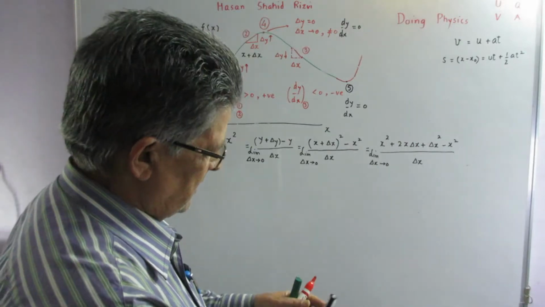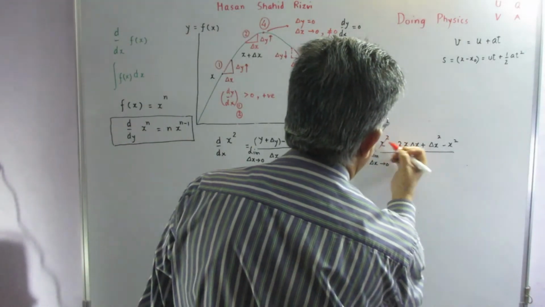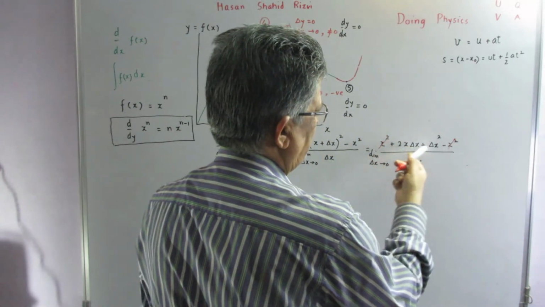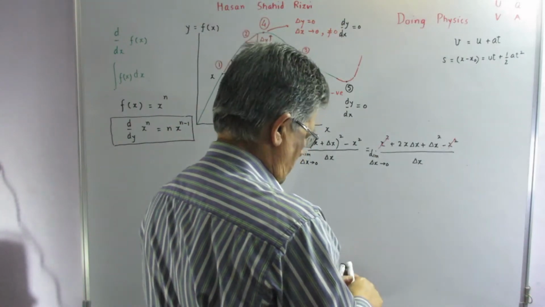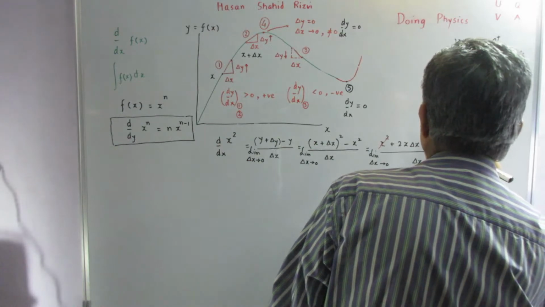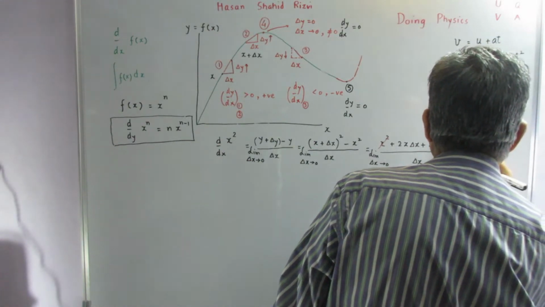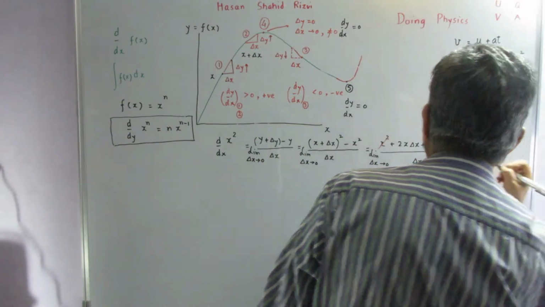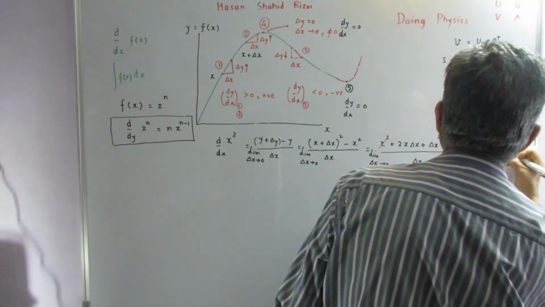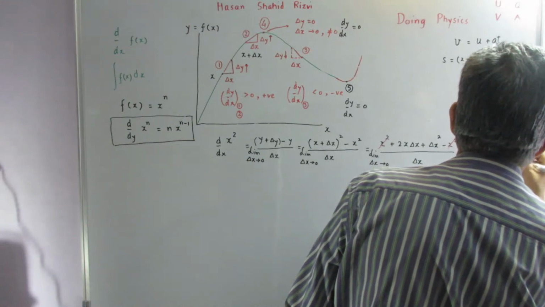So you can see I can cancel out this with this and divide these two terms by delta x. So this turns out to be equal to the limit delta x tends to 0 of 2x plus delta x.